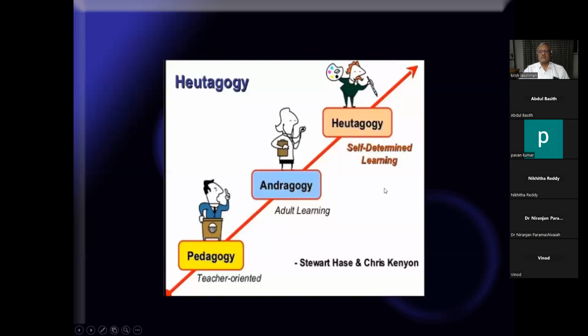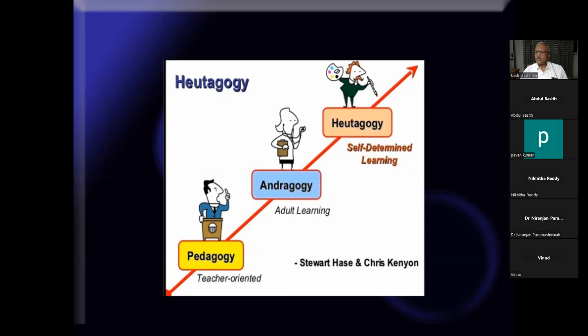And if you look at the technical terms used for teaching and learning, pedagogy is the term used for, say, school level learning. The term covers all the aspects of teaching, like the teaching materials, the methods, the audio visual, everything, where it is teacher oriented.